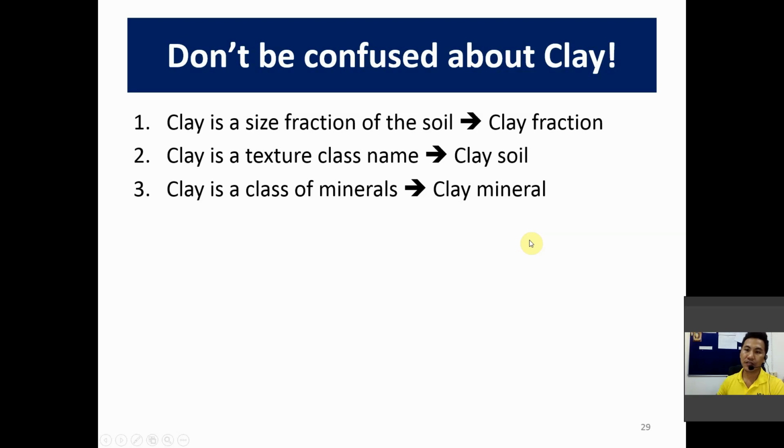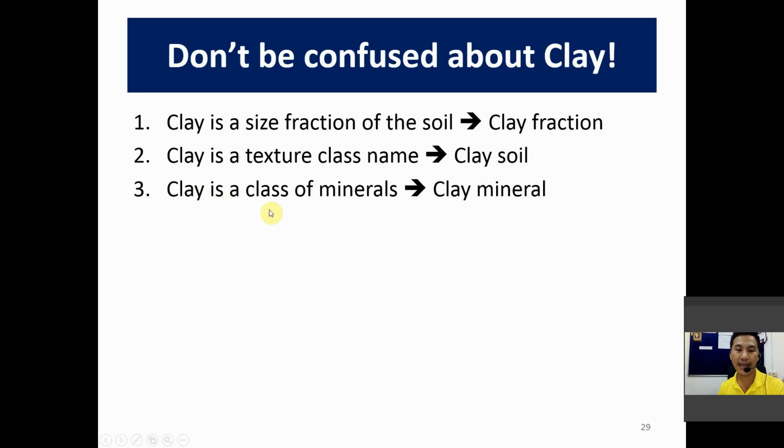Don't be confused about clay, because you can be talking about totally different things when you talk about clay. First, clay is a size fraction of the soil. In the case of soil physical properties, most of the time we refer to the clay size fraction or clay size particle. Second, clay is a texture class name, a texture name of the soil. When you talk about clay soils, of course you probably have a lot of clay fraction or clay size particles, but this is soil texture.